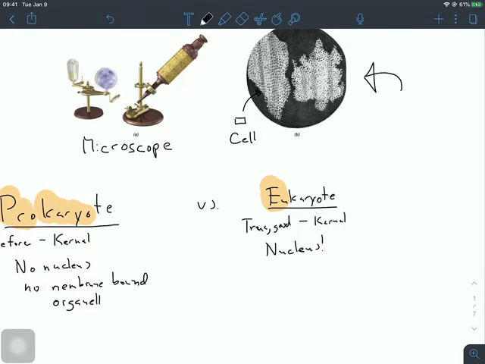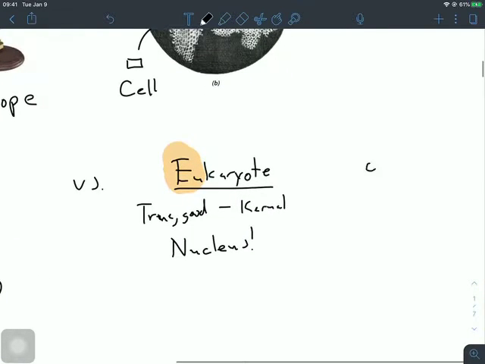When you have something bound in a membrane, the functions that occur within that membrane or within that bag can be different from the functions that occur within the main juice of the cell. The juice of the cell we refer to as the cytoplasm or the cytosol. Your textbook kind of uses them interchangeably.